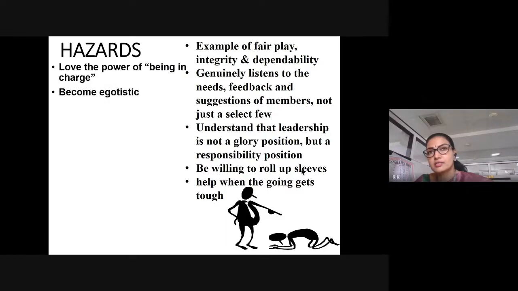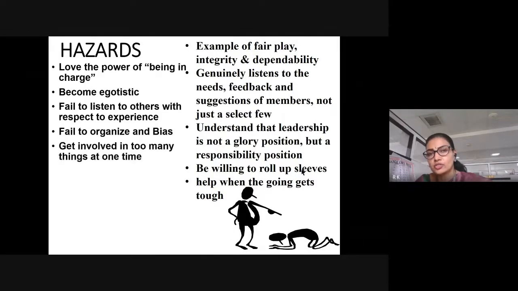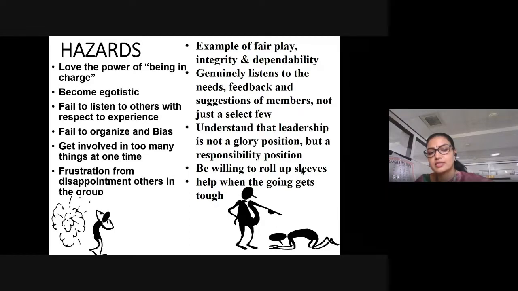These are some of the hazards if we don't have the leadership qualities. What will happen? I just wanted to put it as a caution because in the coming slides, for example, I'm picking one point from the hazards.